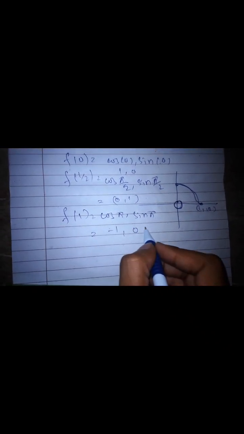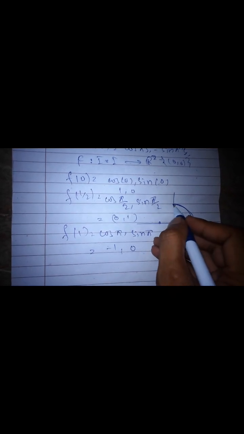If we substitute s is equal to half, we get (cos pi by 2, sin pi by 2), where cos pi by 2 is 0 and sin pi by 2 is 1, so we get this point. If we substitute s is equal to 1, we get (cos pi, sin pi), where cos pi is minus 1 and sin pi is 0. So this is the terminal point of this path f of s. This is the first path.